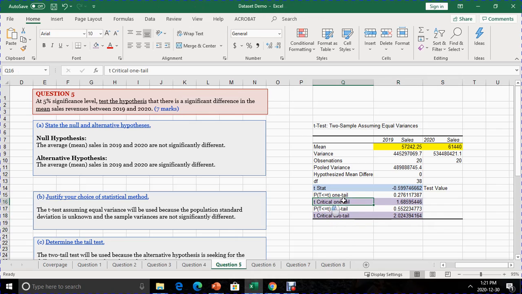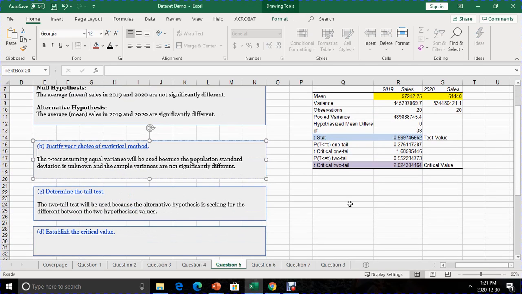So we have to basically take out, this is not the right one, so this is our critical value. So our critical value, the T critical value, is 2.024.